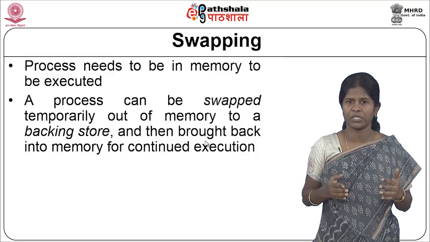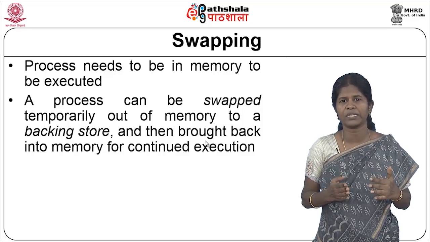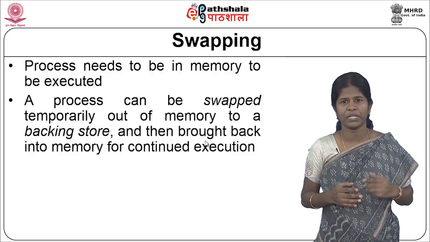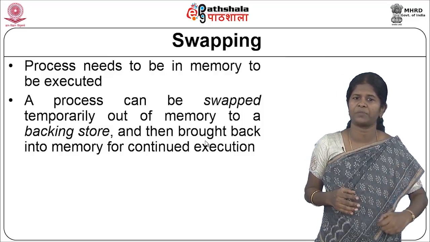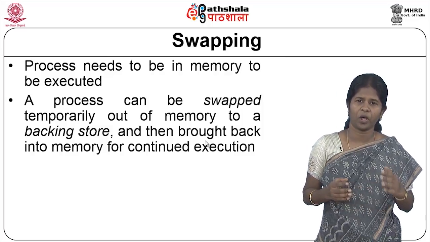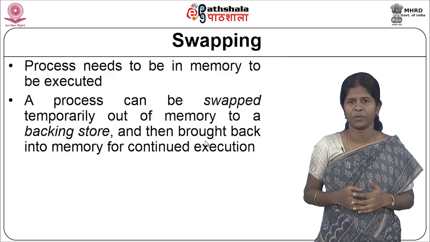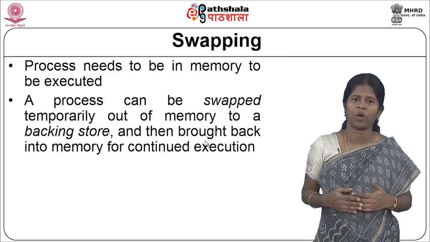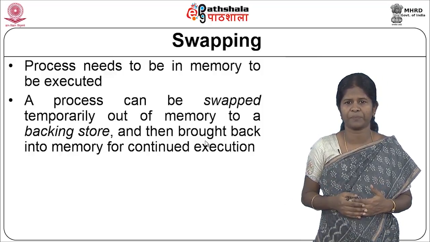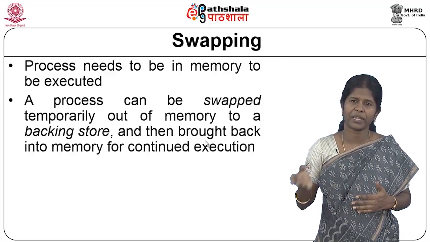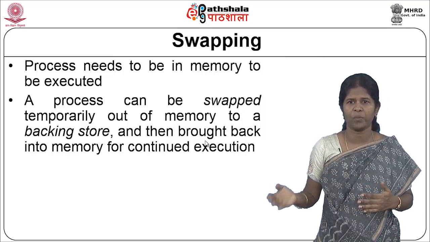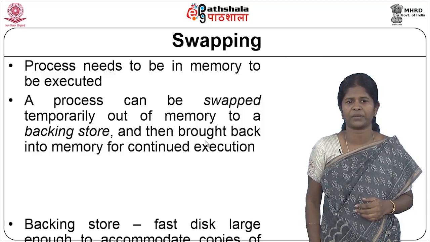So, any process that is using the CPU has to be kept in the main memory. Processes which are not using the CPU can be moved to the backing store, or the disk, and later they can be brought back into the main memory to continue their execution.